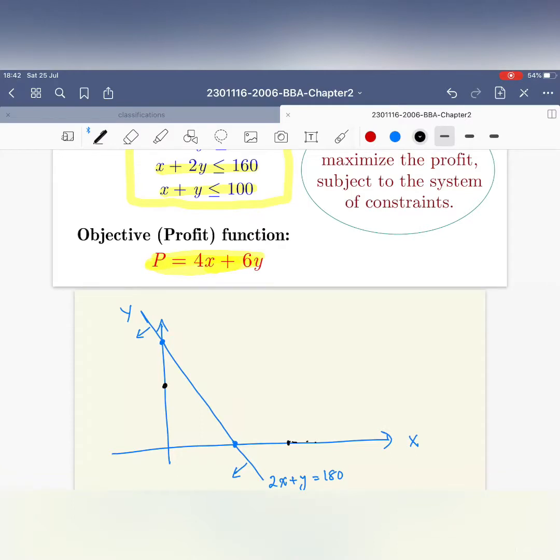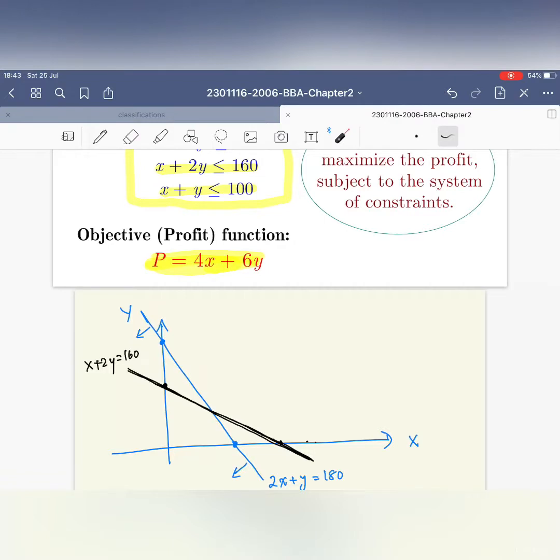Forgive me if I have to draw it one more time. So this one is x plus 2y equals 160.